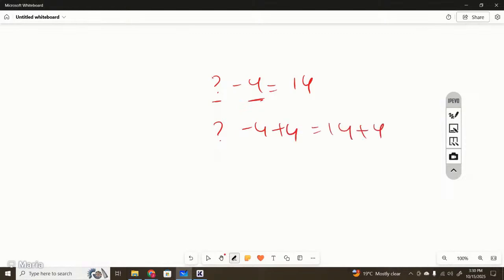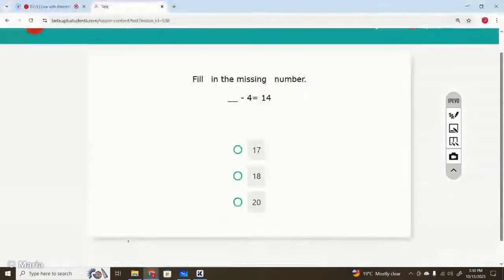So 4 minus 4 is 0, and 14 plus 4 is 18. So that means the greater number is 18. Option number 2 is the correct option, that is 18.